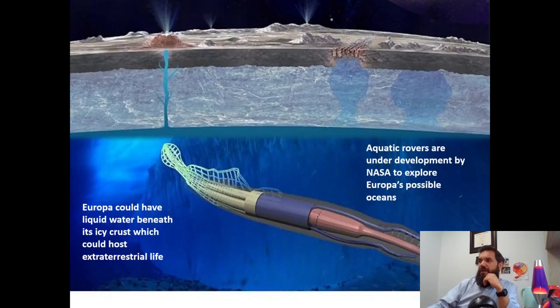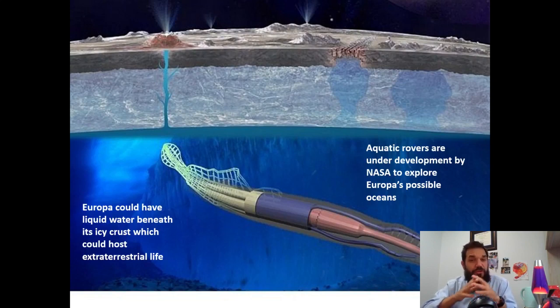Now, Europa is one of the most interesting to us because we know that there is liquid water on Europa. And not only does it have H2O geysers that are erupting on the surface, but the gravitational field that we can sense remotely from satellites is consistent with there being a liquid water layer.